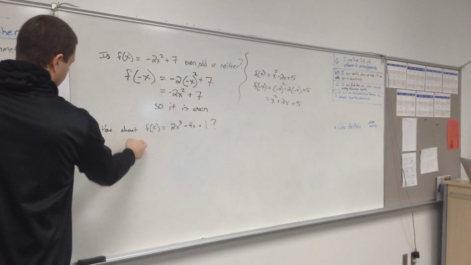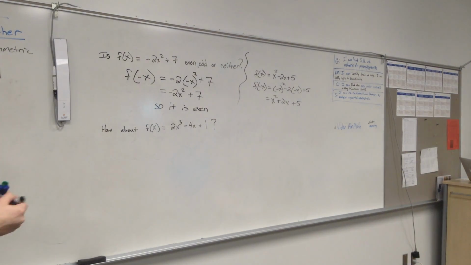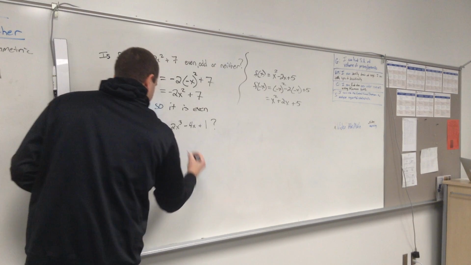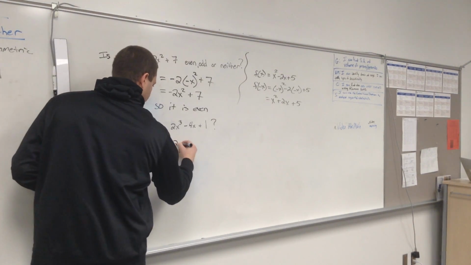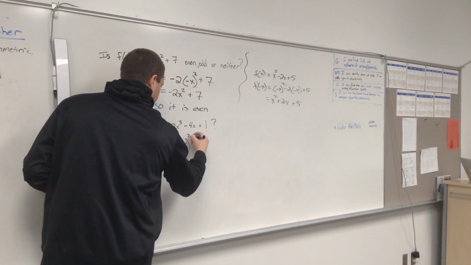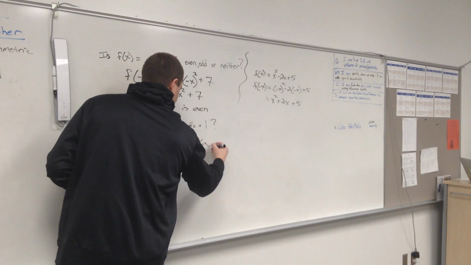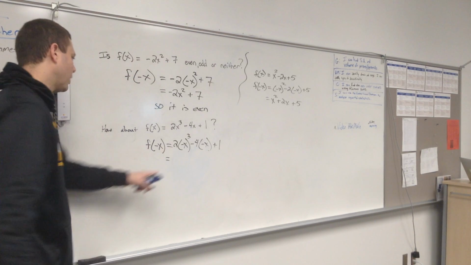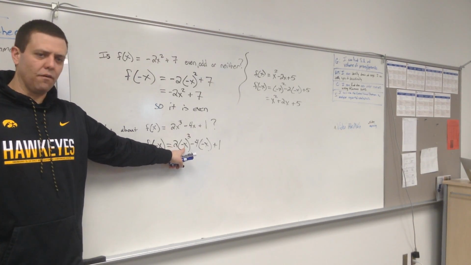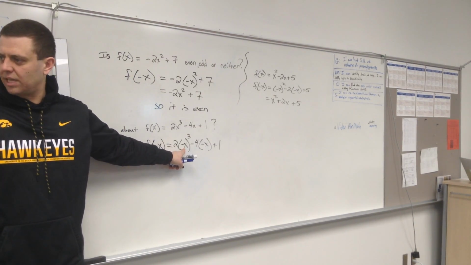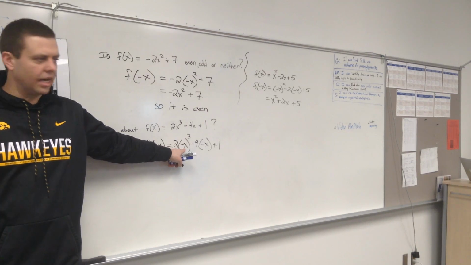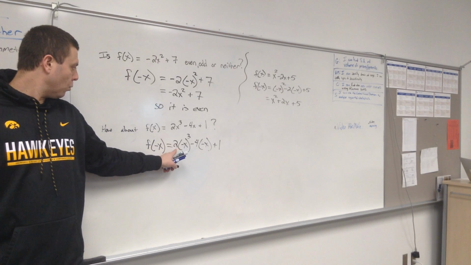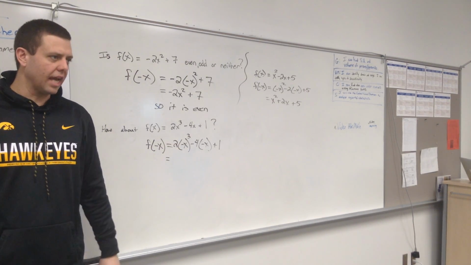Okay? Alright, so let's check this one. Again, you do the same thing every time. I'm going to plug negative x into my function. So 2 times negative x cubed minus 4 times negative x plus 1. When I take a negative x times itself 3 times, negative x times negative x times negative x, what do you get? Negative x cubed, right? What's 2 times negative x cubed?